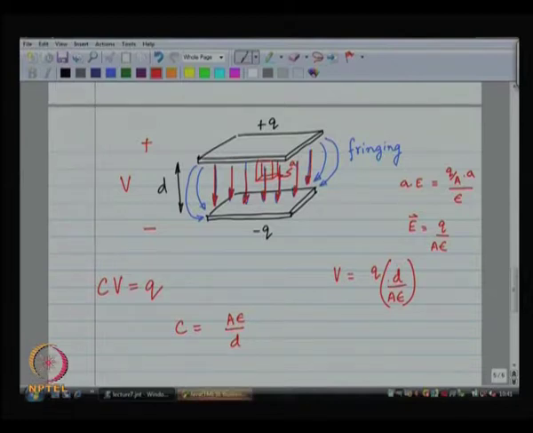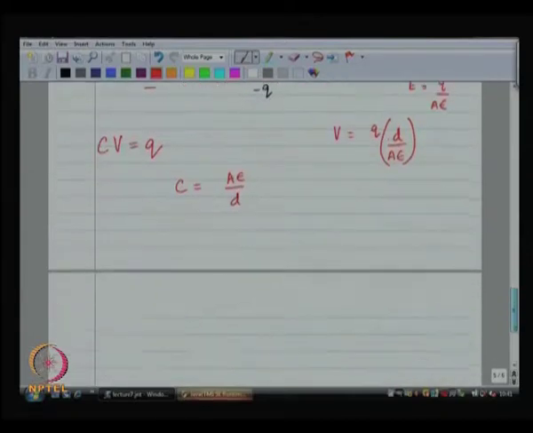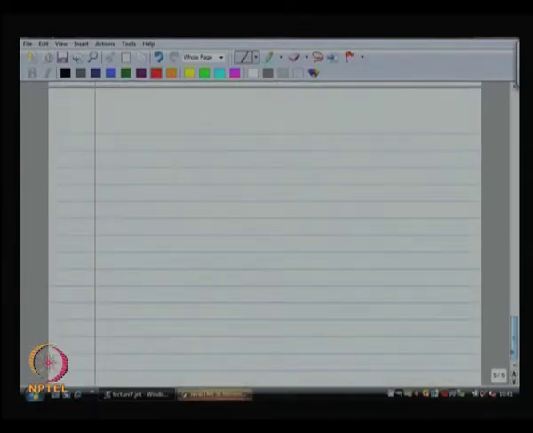Some new field lines have come curving from one plate to the other. These are the new field lines, these were not there before. So, the net capacitance now is proportional to the area and there is some additional capacitance because of the fringing.